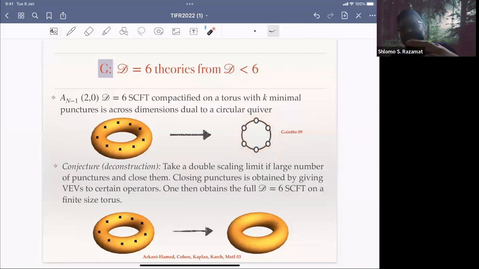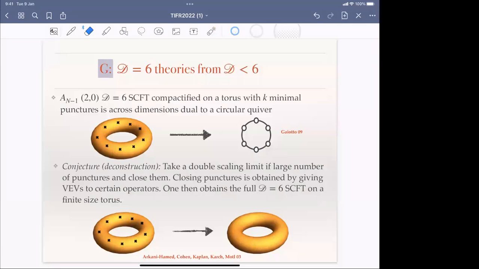So you go to the limit that you have an infinite number of dimensions on one hand. On the other, you trigger a flow by giving vacuum expectation values to an infinite number of operators. So it's a very weird type of construction. For example, it's not computationally powerful. You barely can compute anything with this construction.